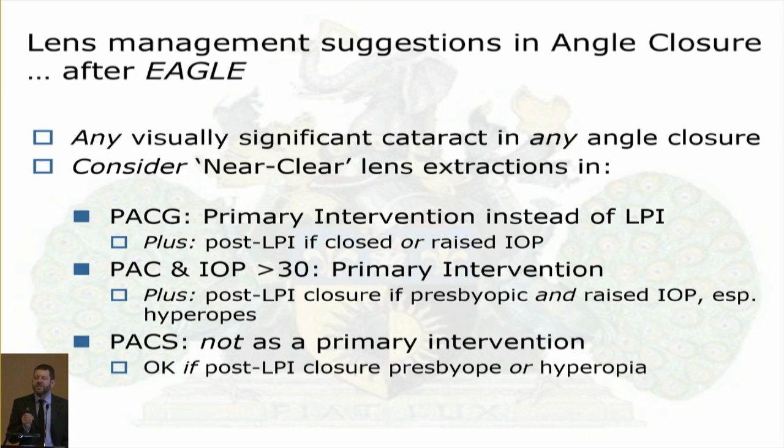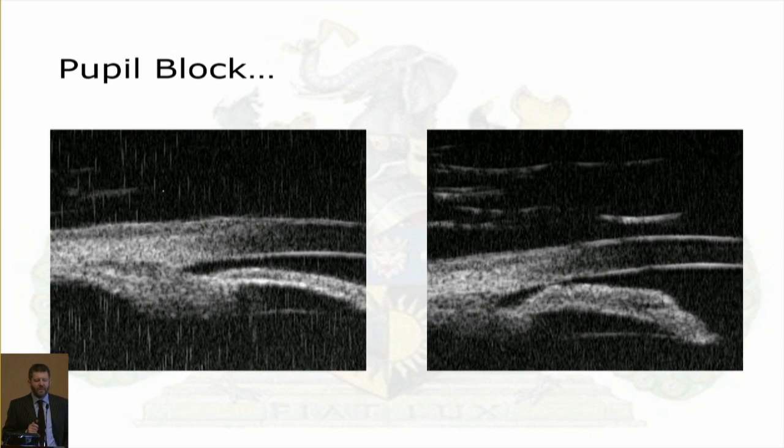But for the primary angle closure suspects, which are a large number of individuals because of the very high prevalence rates of pure PACS, so those are the ones with closure but normal pressures, those are still having a laser iridotomy. And sometimes they're having a clear lens extraction, perhaps if they are presbyopic and hypermetropic, and they've still got some closure, but with a little bit more caution.